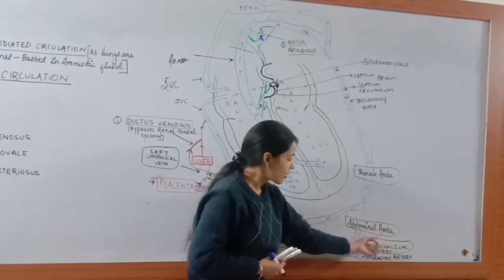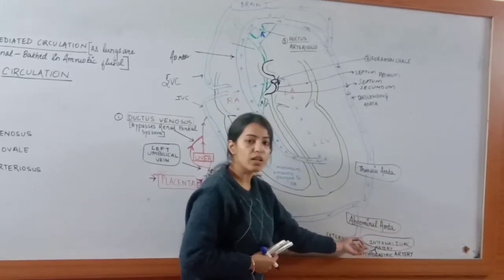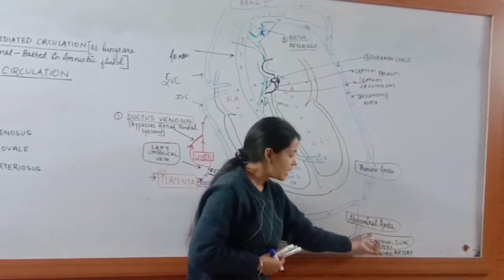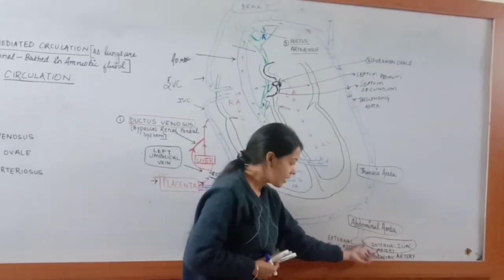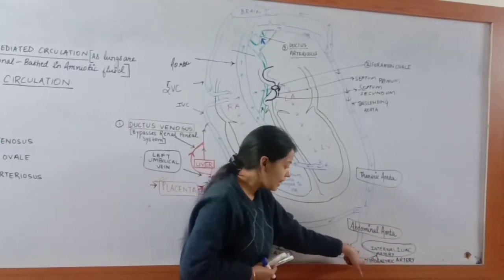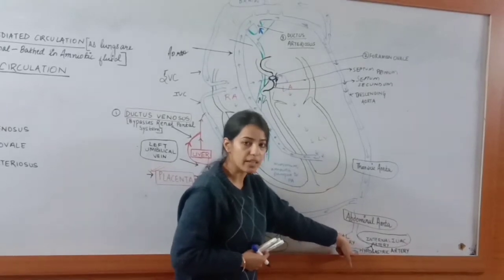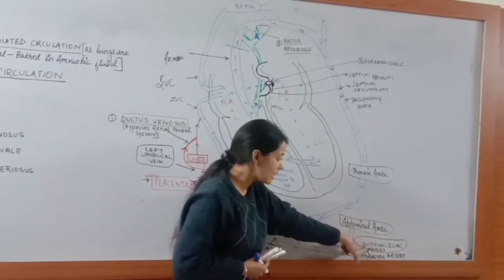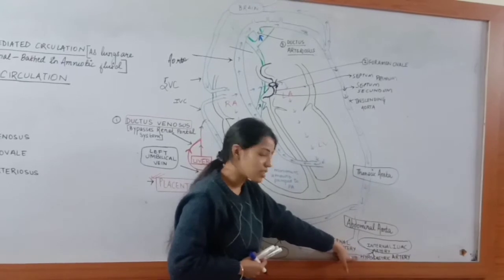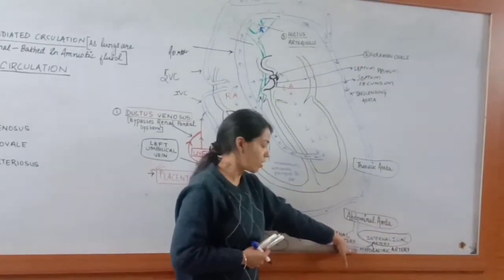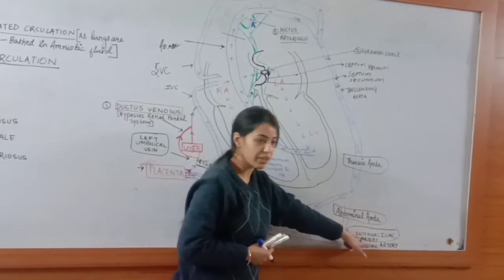Internal iliac artery is going to supply blood to the pelvis, right? From this internal iliac artery, another set of artery is going to emerge, that's called the hypogastric artery.